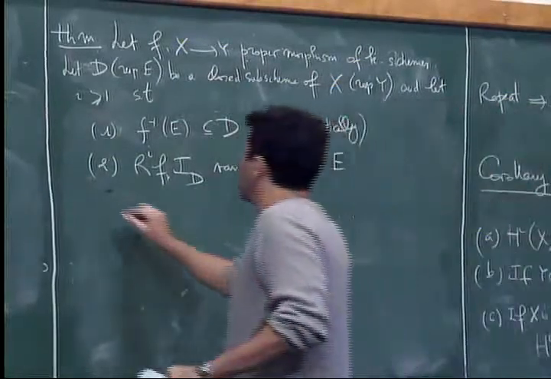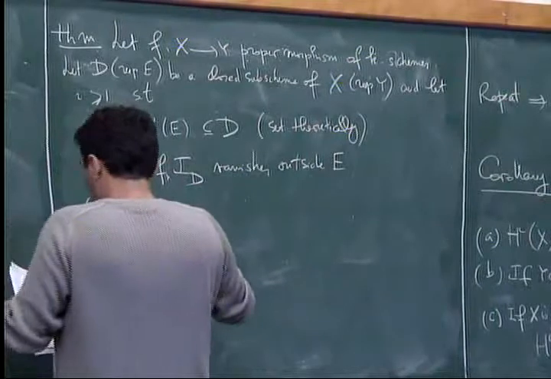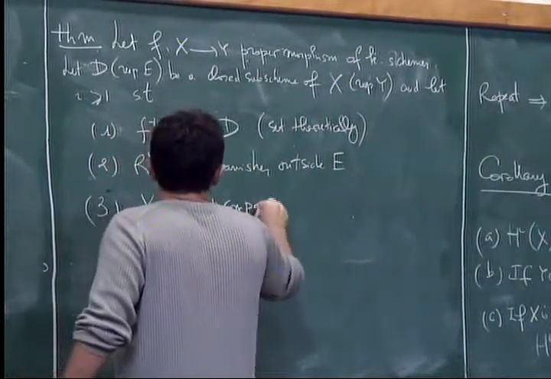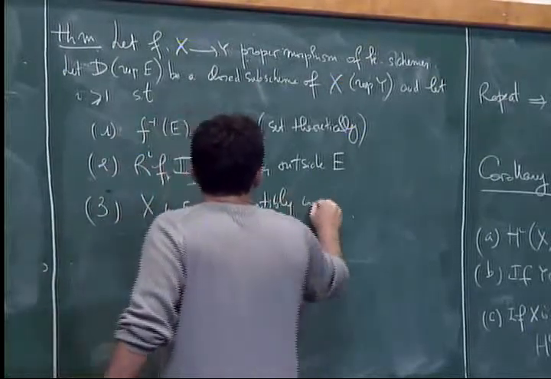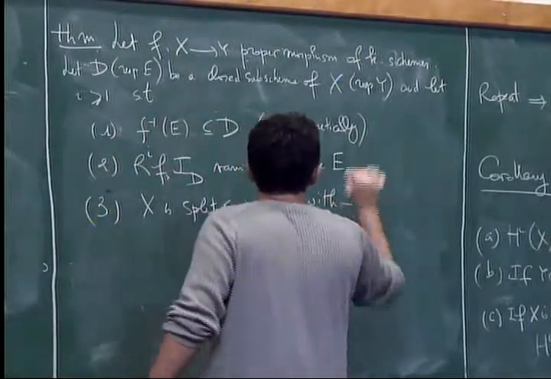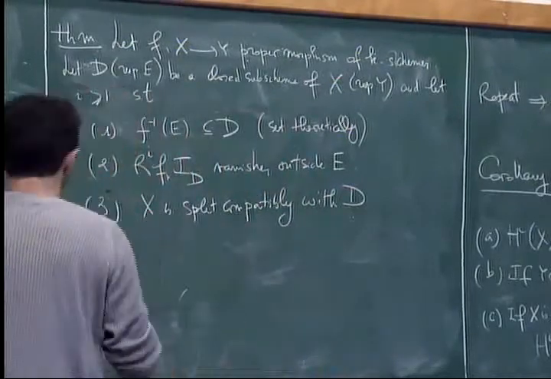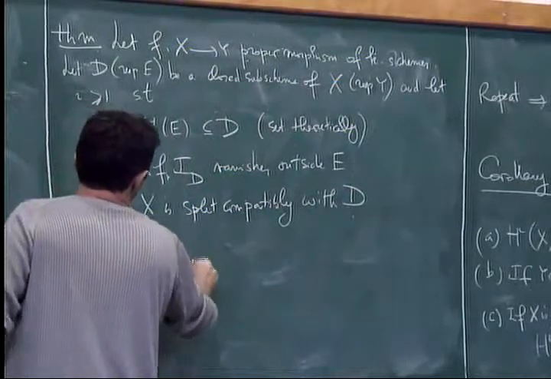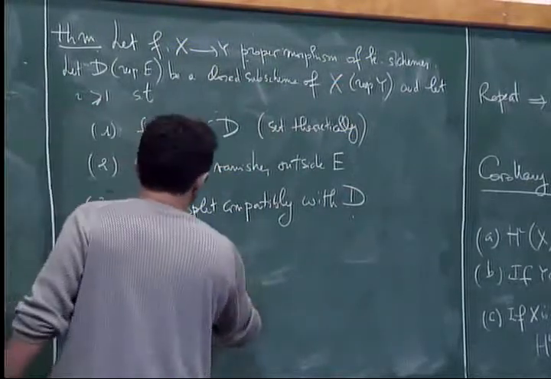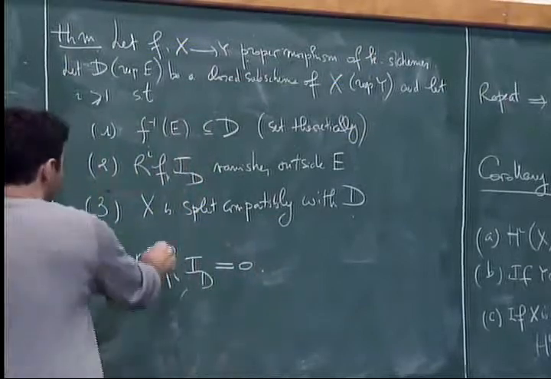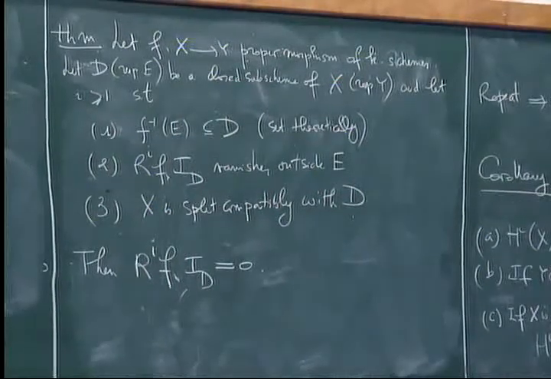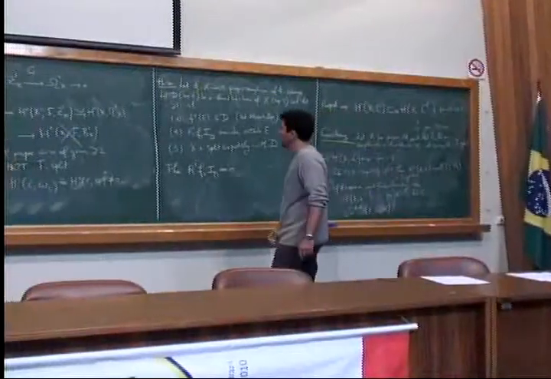And assume that X is split compatibly with D, then we get the relative vanishing, in degree i, of the pushforward of the ideal of D. I don't have the time to prove this, but I will use it in the end.